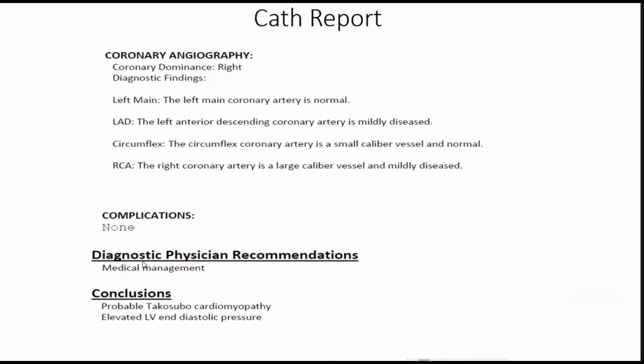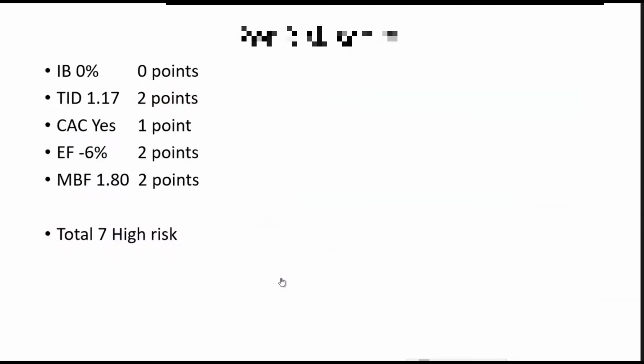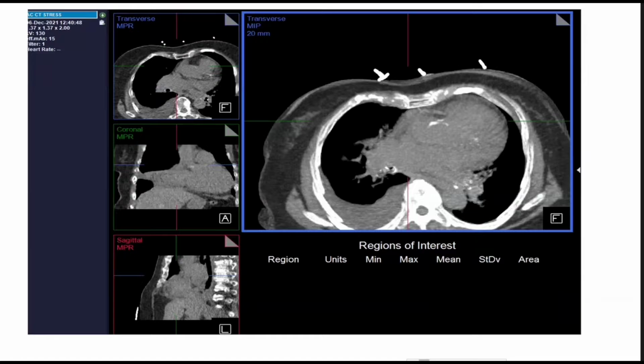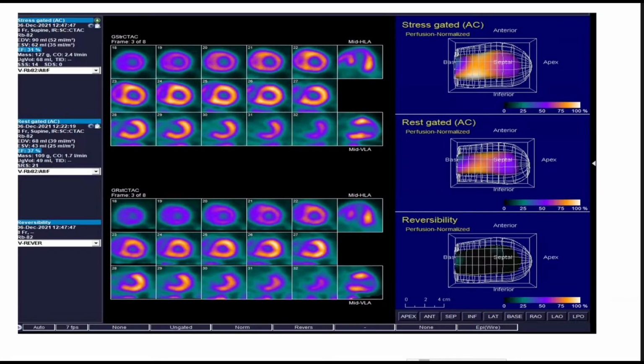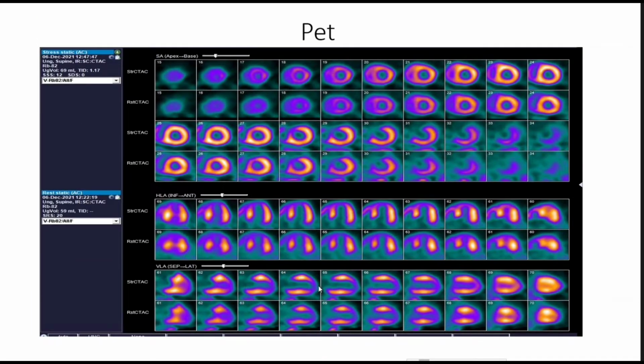So the diagnosis was Takotsubo's. And what supports that is if we go back to the PET, stress testing is not therapeutic. We should not see increasing perfusion with our stress agent. If this was truly an infarct area, the tissue would have been clearly damaged.